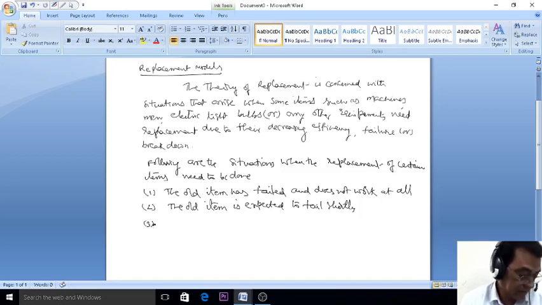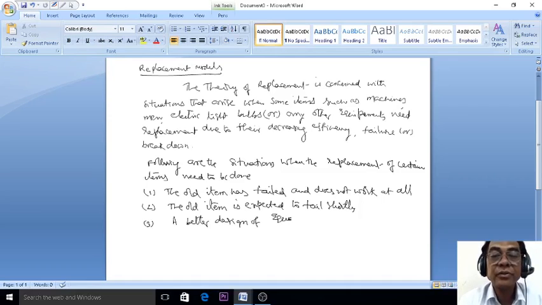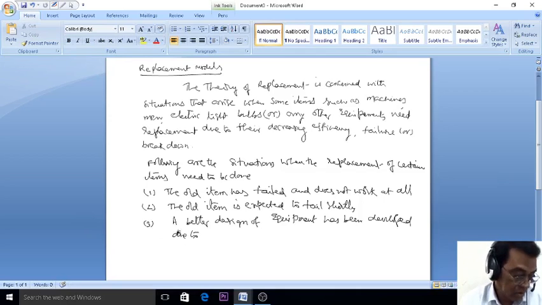Third point, a better design of equipment has been developed due to improvement in technology.